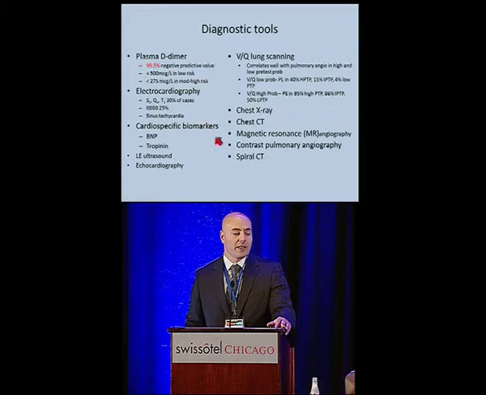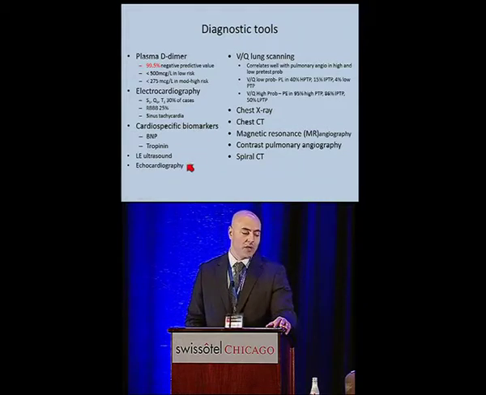And if we look at diagnostic tools that we could use to diagnose PEs, the D-dimer is helpful as a negative predictive value, as we know. Typically with patients that are low risk, we use 500 as a cutoff and 275 for the moderate or high risk patients. On EKG, we typically see sinus tachycardia. BNP and troponin are helpful, and I'll talk about that soon.